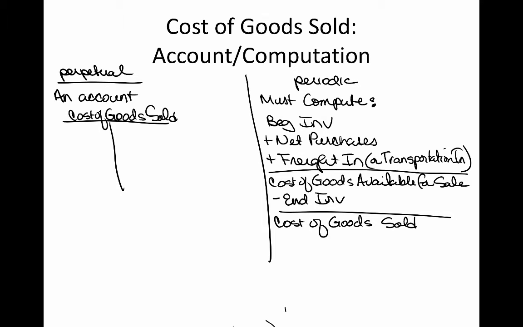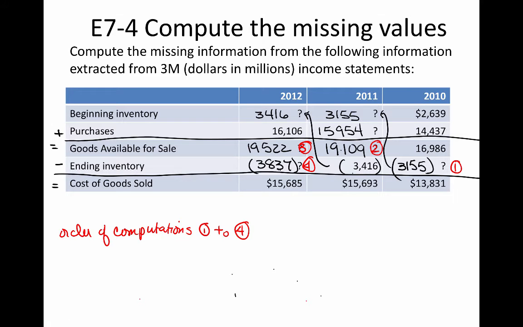When we talk about cost of goods sold under perpetual, remember that's where you have the computer. You have an account called cost of goods sold, whereas under periodic, again, you must compute cost of goods sold. Now, using that computation again, beginning inventory plus purchases gives you the goods available for sale, minus ending inventory to give you cost of goods sold. You can do that over time.